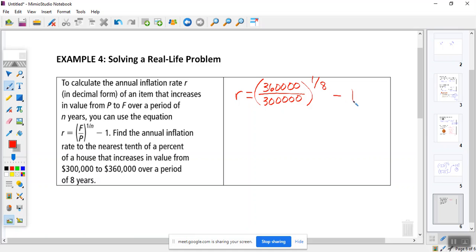Okay? All right, somebody take that 360,000 and divide it by 300,000. So we've got R equals 1.2 to what power, kids? 1/8, but that's really which root, kids? 8th root, and then minus 1.